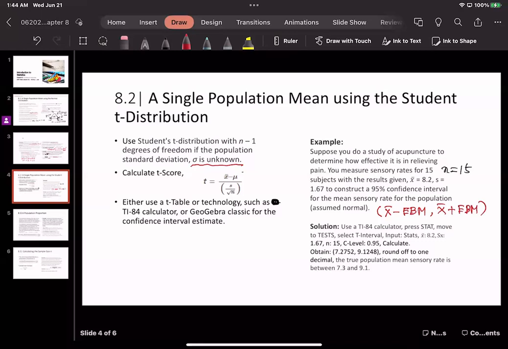But instead of using the algebra formula of EBM, we can use a TI-84 calculator.